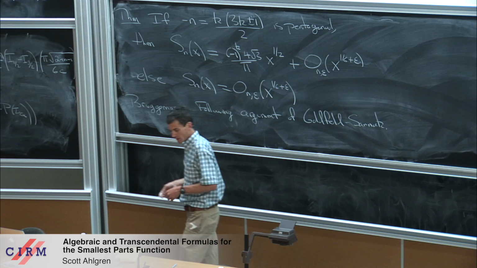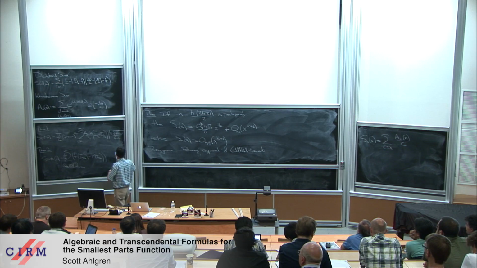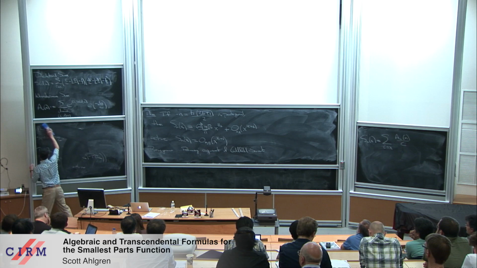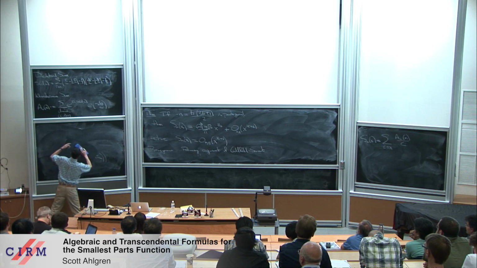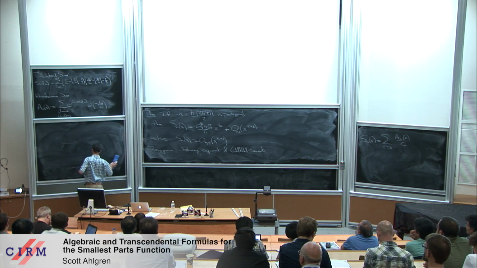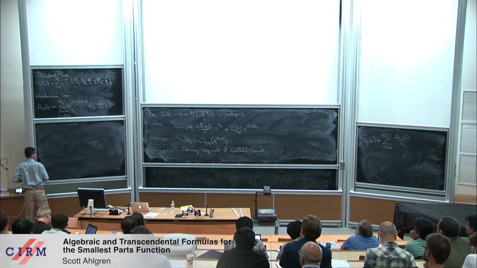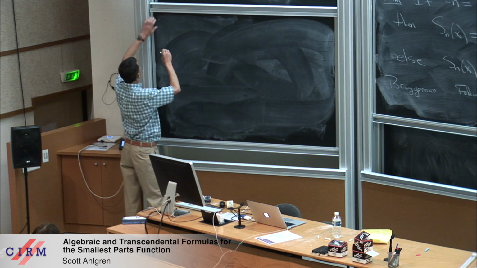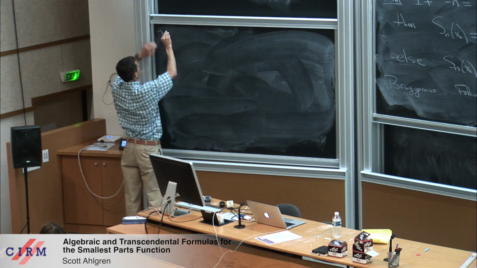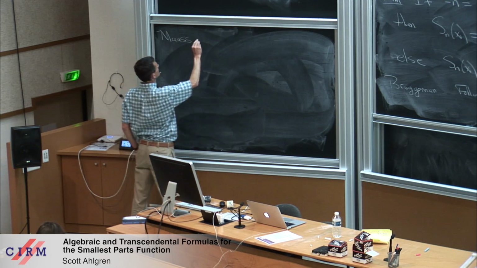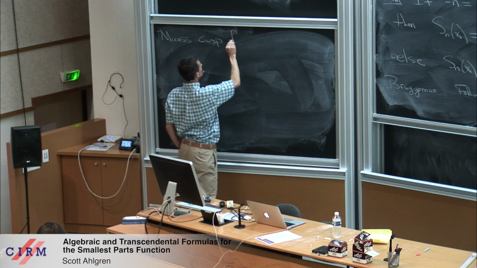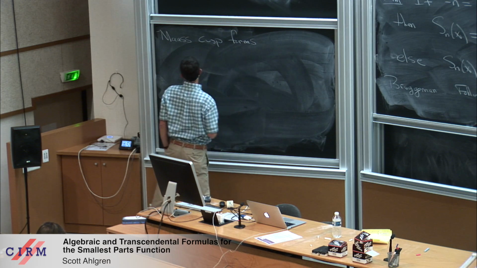So this has to do with Maass cusp forms for the eta multiplier. These are Maass cusp forms of weight 1/2 on SL2(Z) for the eta multiplier. Let me write down what these are.